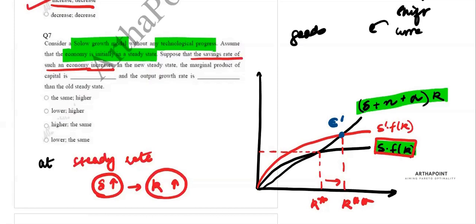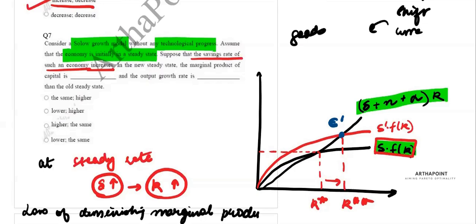Now, there is a law which is known as the law of diminishing marginal product. As capital increases, the marginal product of capital decreases. So the marginal product of capital will go ahead and decrease.